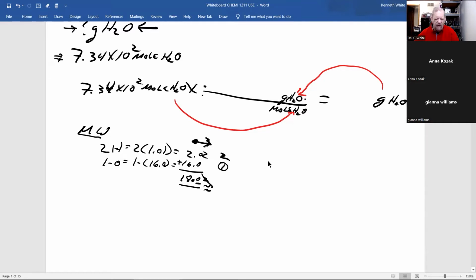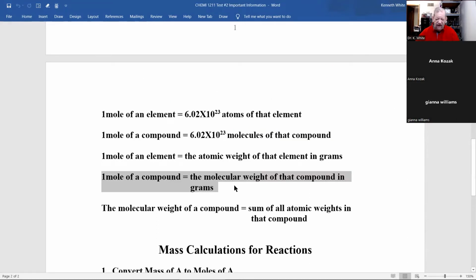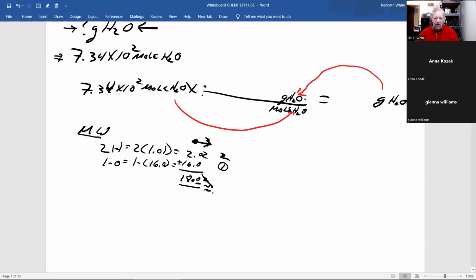Now, 1 mole of a compound equals the molecular weight of that compound. So now I know for every 1 mole of water, there's 18.0 grams of water.